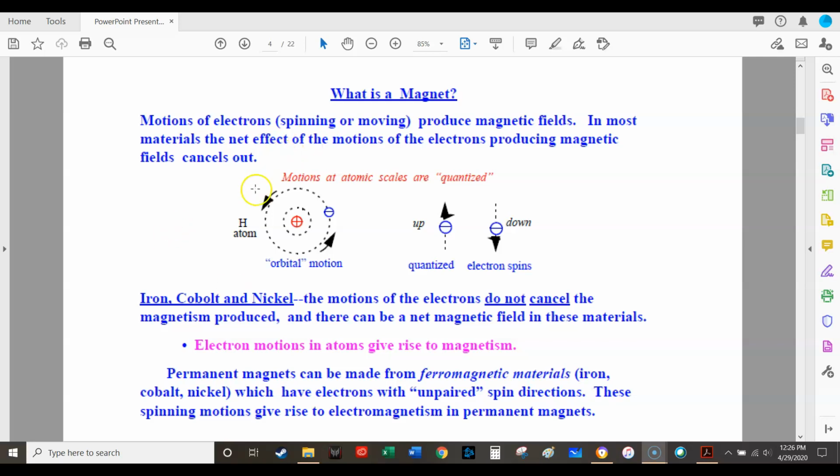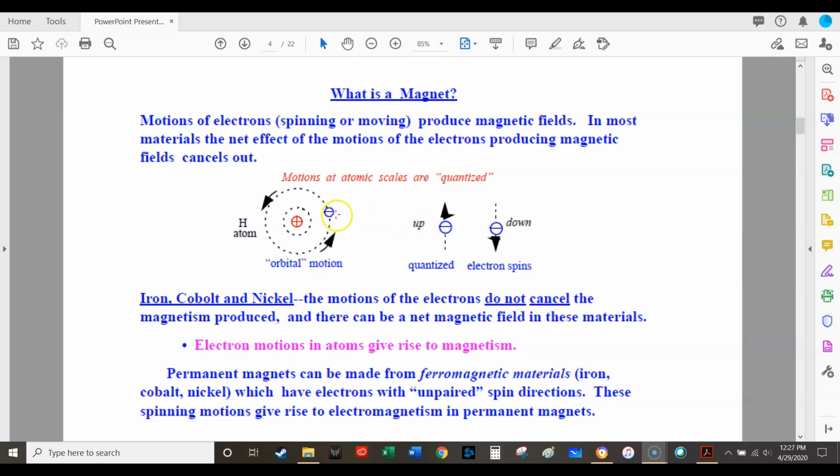So iron, cobalt, and nickel have a lot of unpaired electrons, so they can't cancel out. So that means they have a net spin and a net orbital motion, and so there will be a magnetic field produced, or at least a possibility of a magnetic field to be able to be produced.